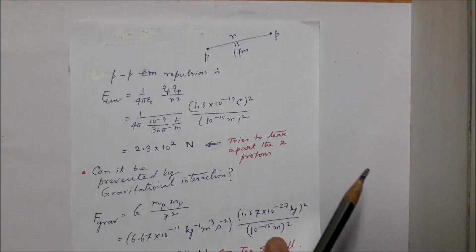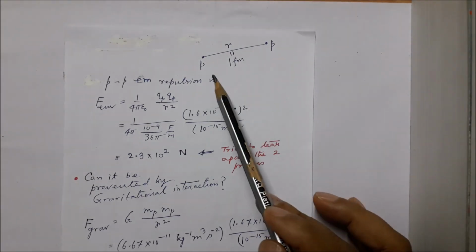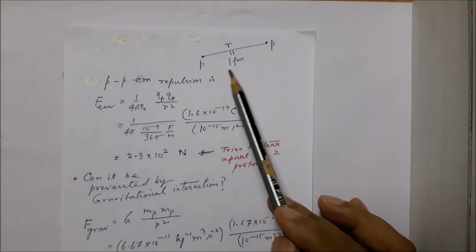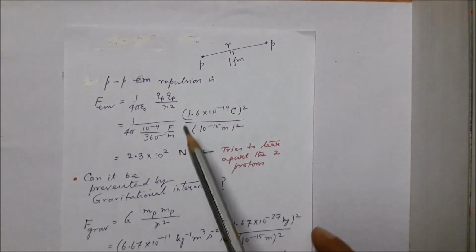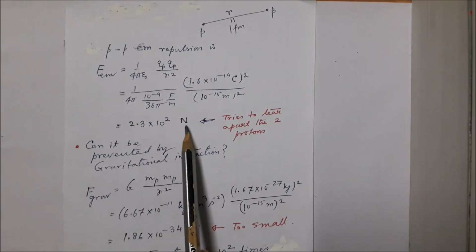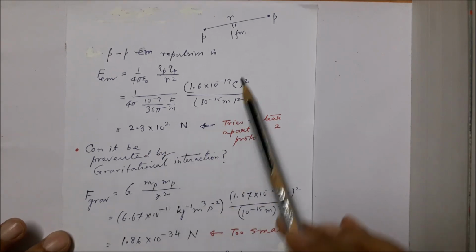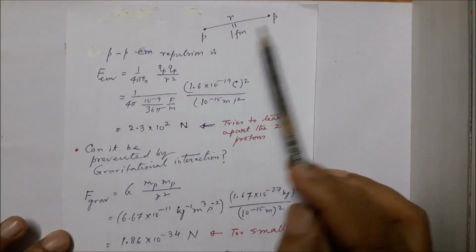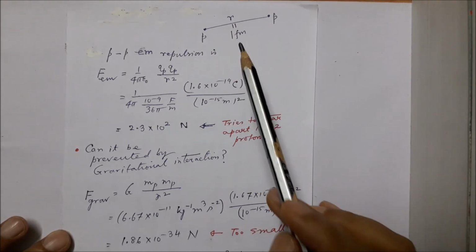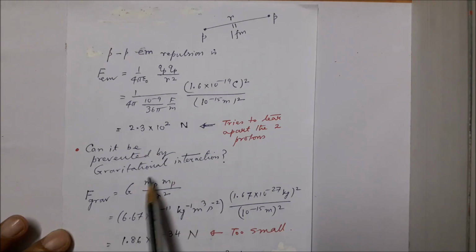We next consider two protons separated by a distance of 1 Fermi and calculate the electromagnetic repulsion between them using Coulomb's law, which gives 100 Newton. Now this force tries to tear apart the protons, that is, tries to disrupt the nucleus. Now, can this repulsive force be prevented by gravitational interaction?